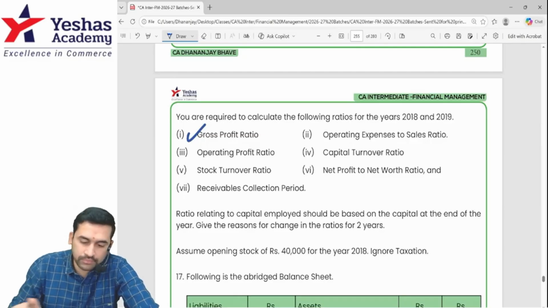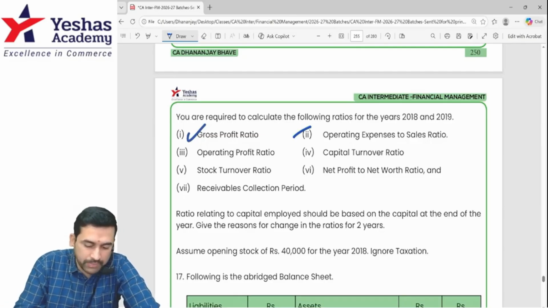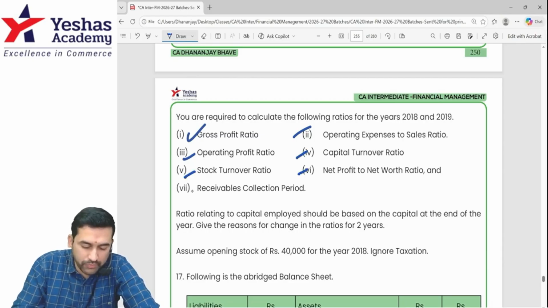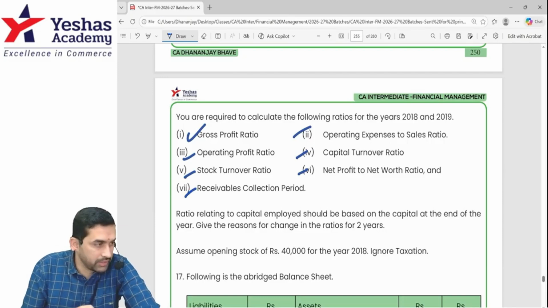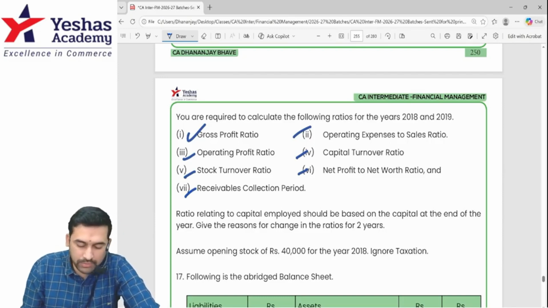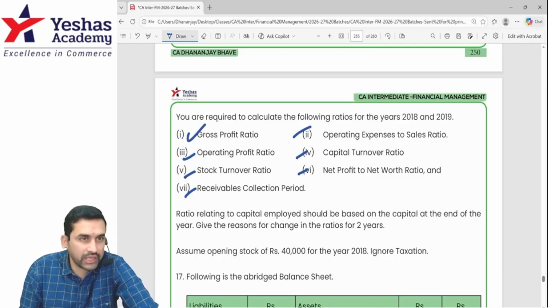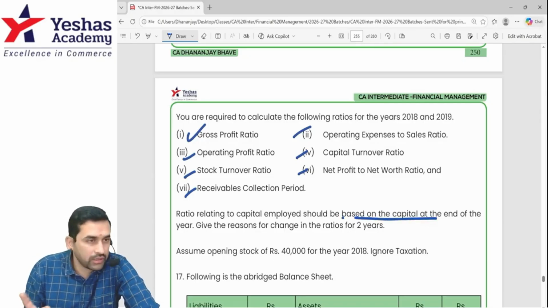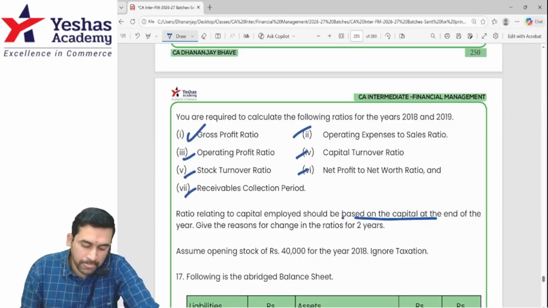That's how you have to understand. Operating expense, operating profit, capital turnover, stock turnover, net profit, receivable collection period. Ratios relating to capital employed should be based on the capital at the end of the year. So they said don't take average capital, take closing capital. Give the reason for change in ratio of 2 years.